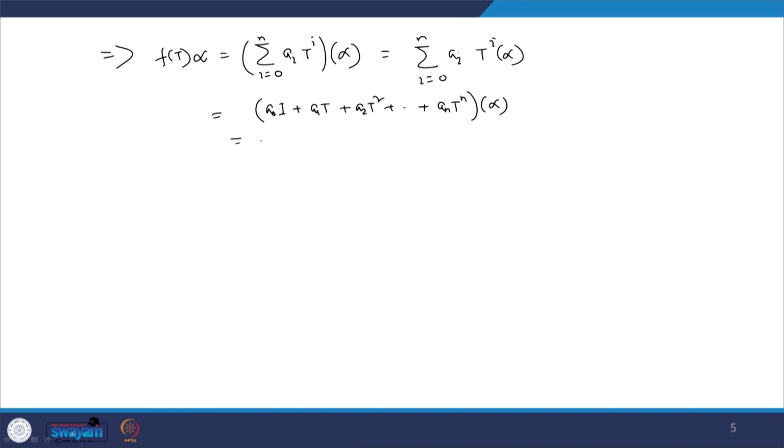So, this means that I will have a0 into I alpha plus a1 into T alpha plus a2 into T square operating on alpha plus ... plus an T to the power n operating on alpha. So, this is equal to a0 into alpha, because the identity map sends alpha to alpha itself, plus a1, since T alpha equal to C alpha, it will be C times alpha.